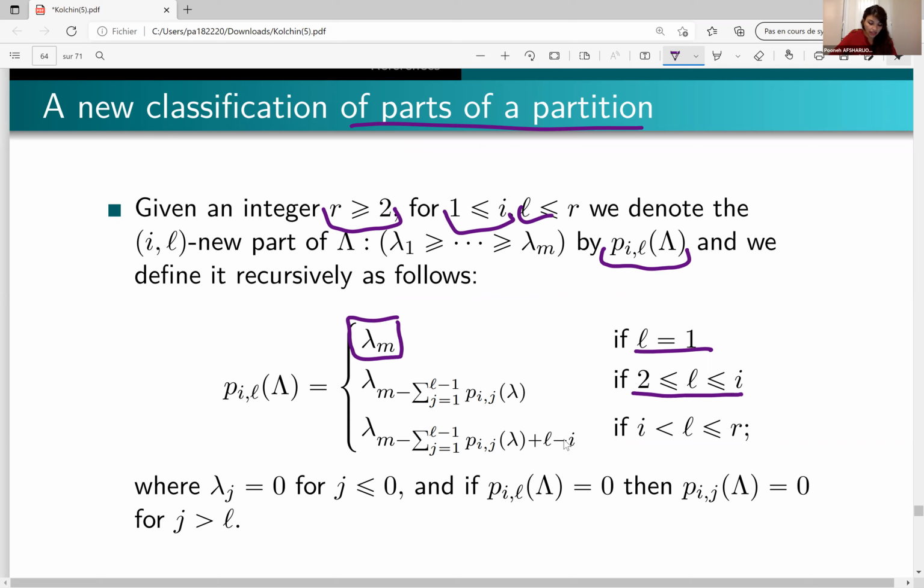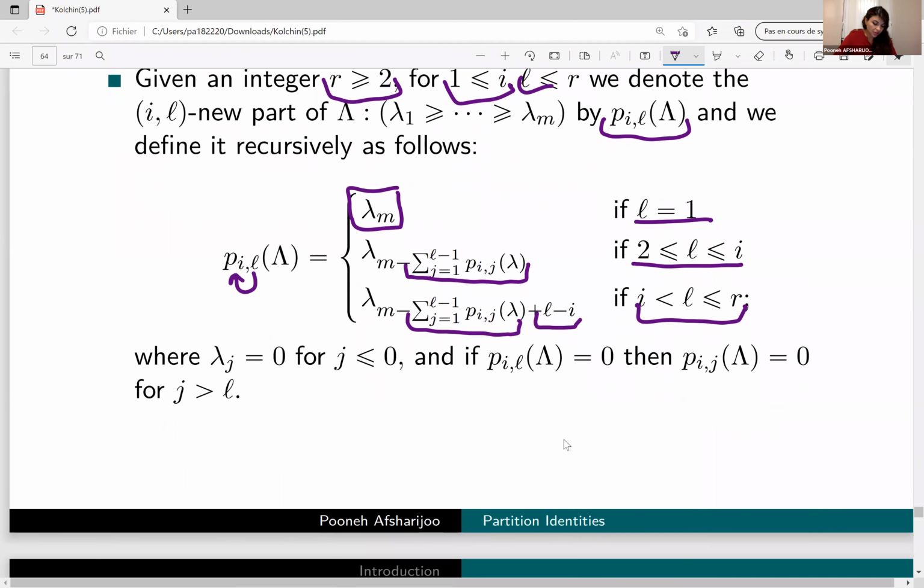Between 2 and i it is lambda m minus the previous new parts, and after i it is lambda m minus the previous parts plus l minus i. If in our computations we find some lambda j for some negative j, then we will take it equal to 0. And once we find a new part equal to 0, then all the next new parts also will be equal to 0.